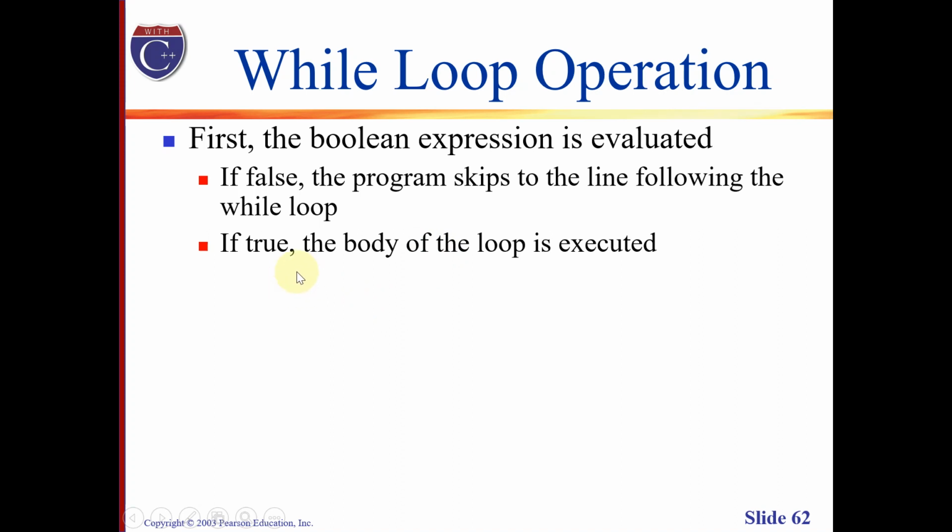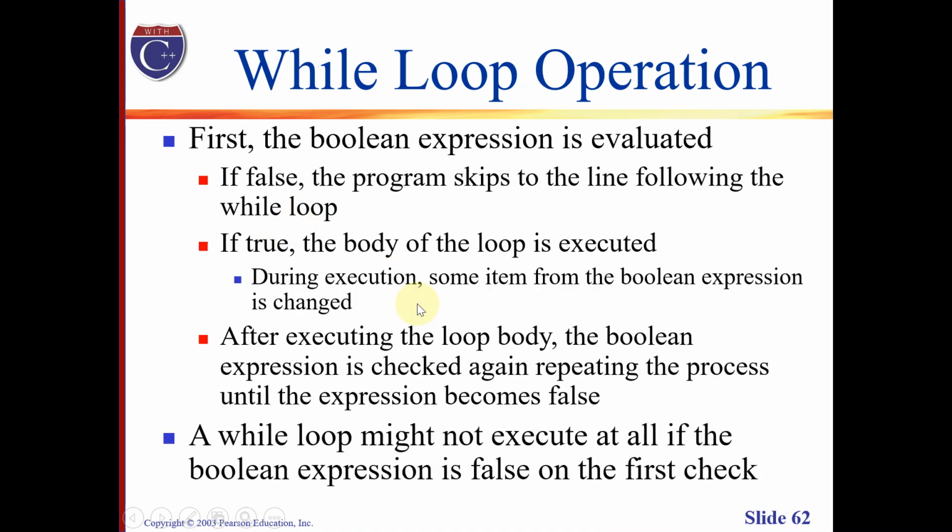As we have seen in the previous slide, first the Boolean expression is evaluated. If false, the program skips to the line following the while loop. Otherwise, if it is true, the body of the loop is executed. During execution, some item from the Boolean expression is changed, as we have seen from the previous example, in which we need to update the variable that is being compared in our Boolean expression.